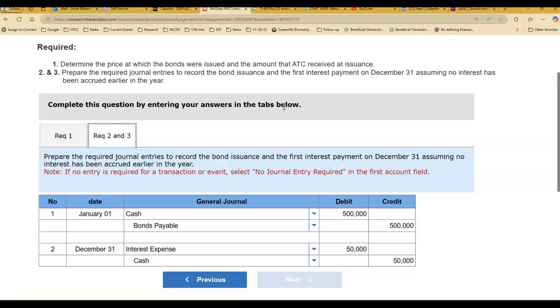Okay, so $50,000 of cash goes out. Again, remember, that cash payment there is always face value times stated rate. That does not change. The interest expense and the allocation of the premium or the discount is what changes, if we've got a premium or a discount. All right, how are we doing?